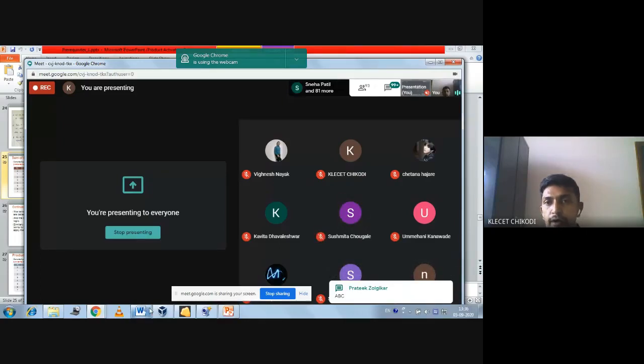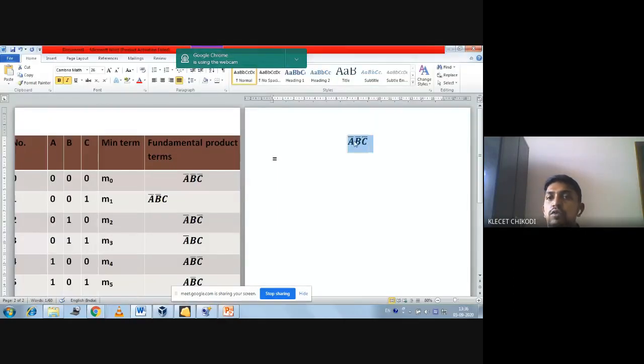A bar plus B bar plus C bar. So in complementary, the first step is duality. In duality, wherever there is a product term we make it a sum term, and wherever there is a sum term we make it a product term. So this will be the result after the duality theorem.